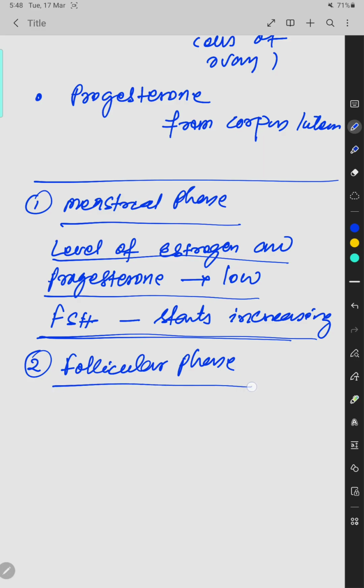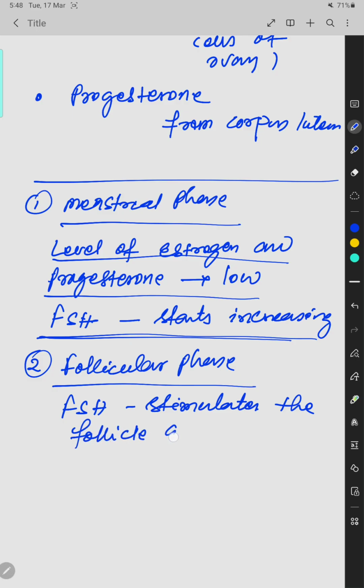In this phase, the FSH stimulates the follicle growth, so gradually the level is increasing. Now what happens to the estrogen?